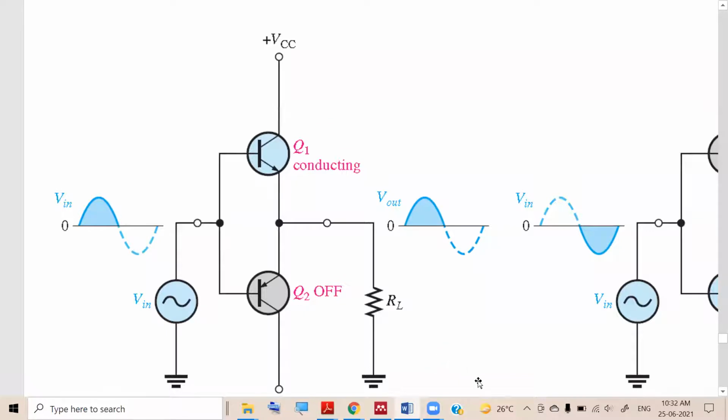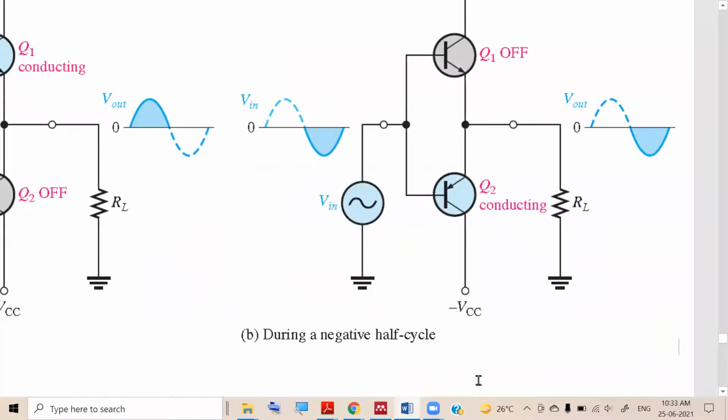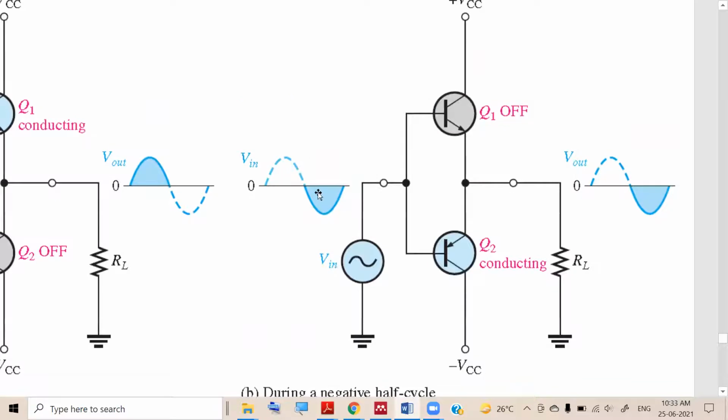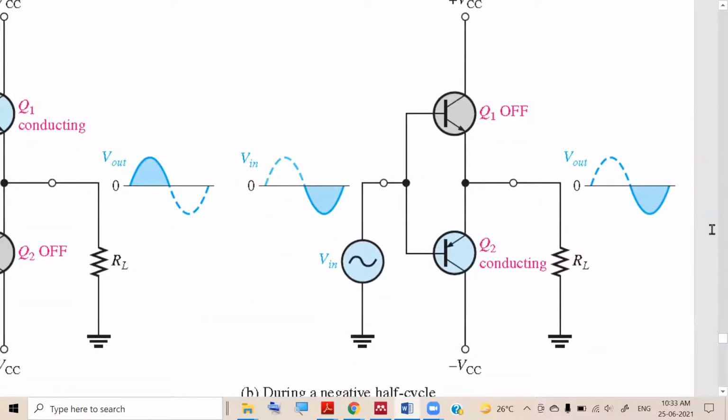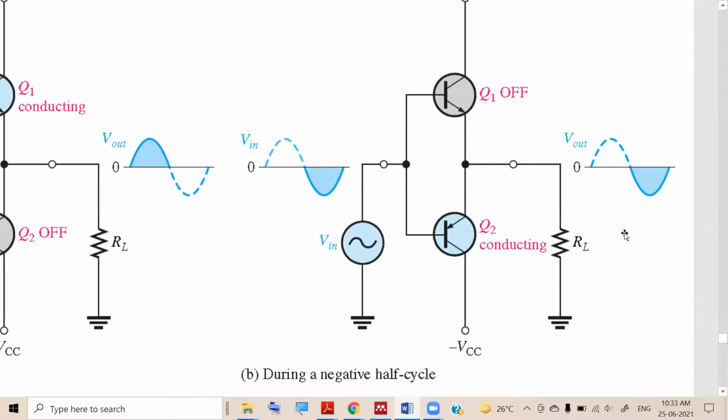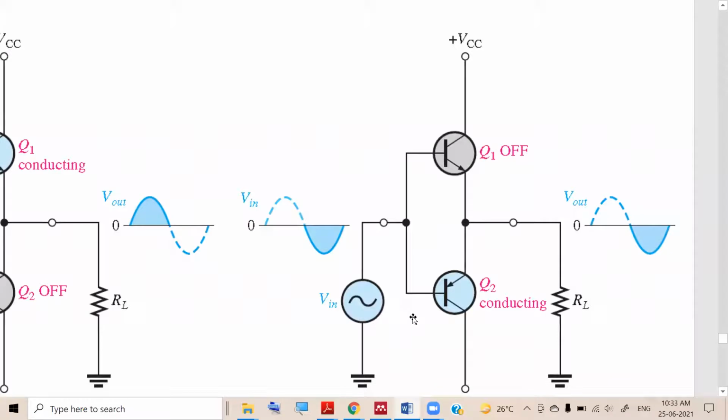Then let us see what happens for the negative half cycle. During the negative half cycle, see here, the positive is represented by dotted lines, which means no positive. We are only considering the negative half cycle. Here the base is positive and we are applying a negative signal.